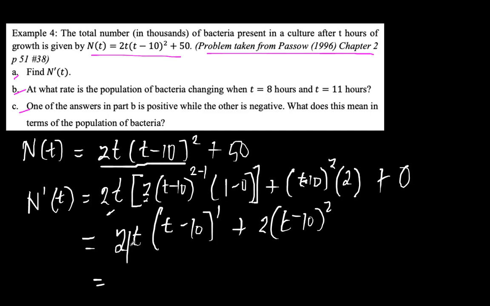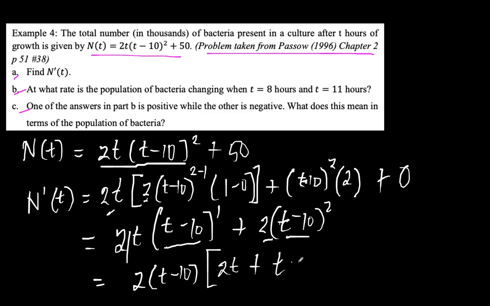All right. And I can factor out 2t minus 10, these factors, this one and this one. So I have 2(t minus 10) times 2t, and this will be canceled, plus 2(t minus 10).